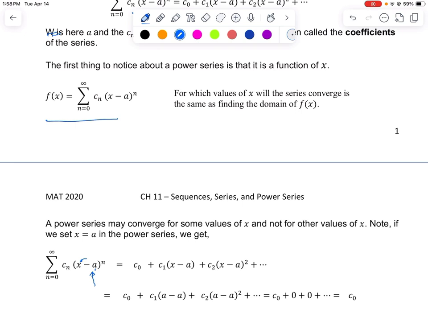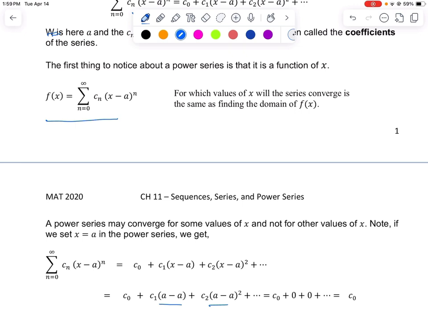If we expand the series, because it starts at 0, the first term is just c sub 0, because (x minus a) raised to the power 0 makes it 1. So it will be c naught plus c1(x minus a) plus c2(x minus a) squared, and so on. c naught doesn't have any x value, so all the other terms become 0, and we have just c naught left.